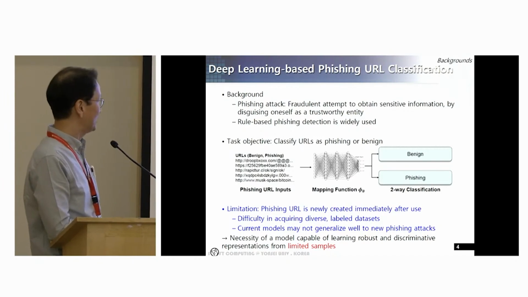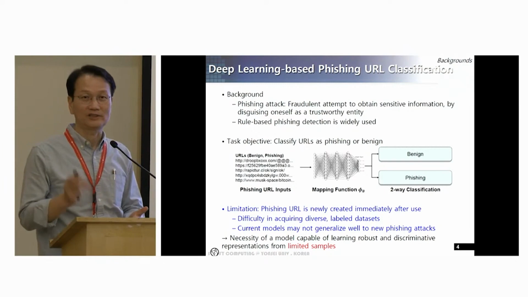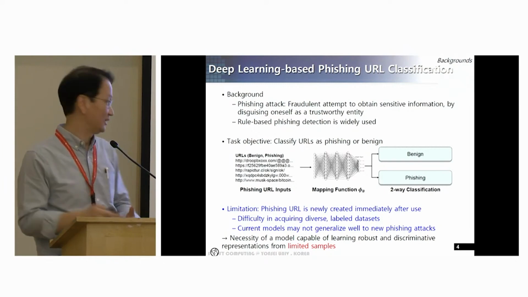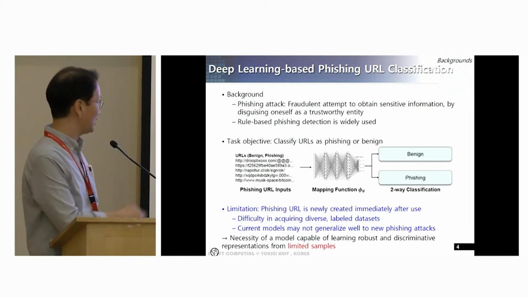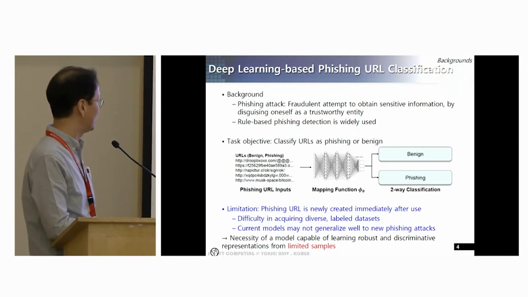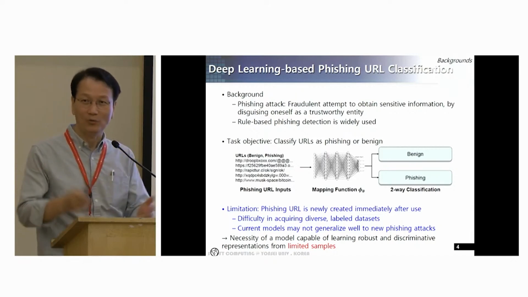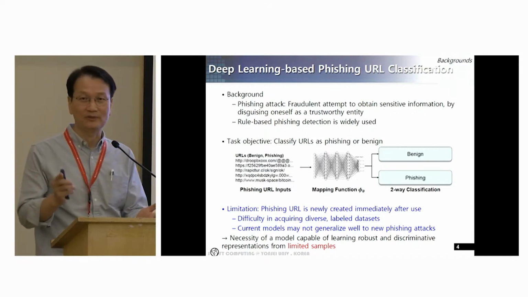So current models may not generalize well to new phishing attacks. That is called zero-day phishing or something. So we need another method that can learn robust and discriminative representations from limited samples, because we cannot get all the samples for phishing URLs.